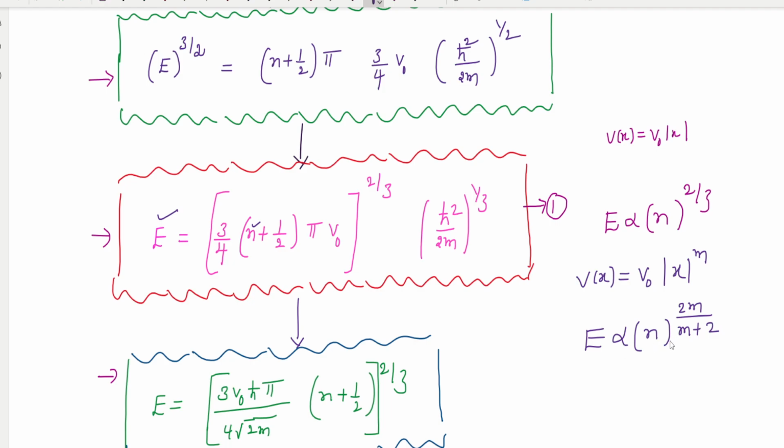For example, if you substitute here in place of m, the m is 1, so what happens is the exponent becomes 2 divided by 3, right?